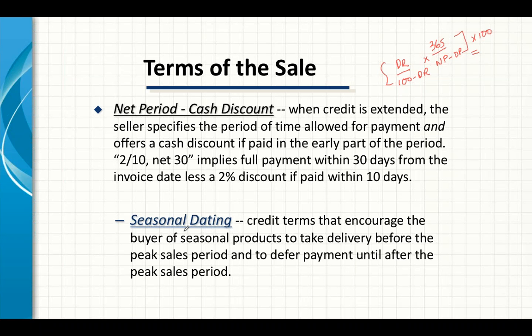Seasonal dating. Sometimes what happens is the suppliers induce the buyers to buy before the season comes. The manufacturers produce the goods early, expecting the season, and ask them to buy early to meet the seasonality, like fireworks.